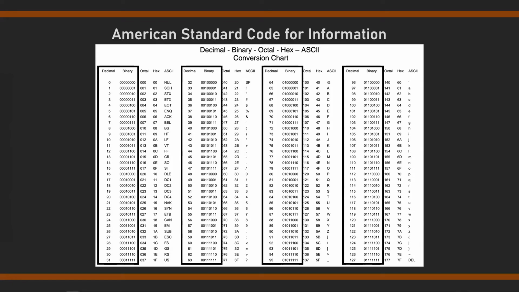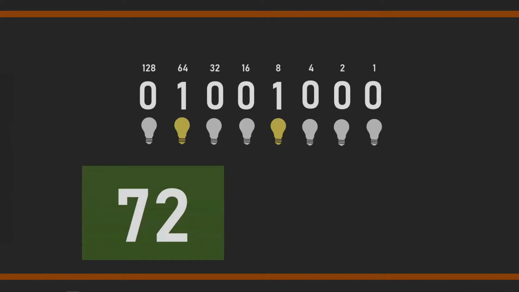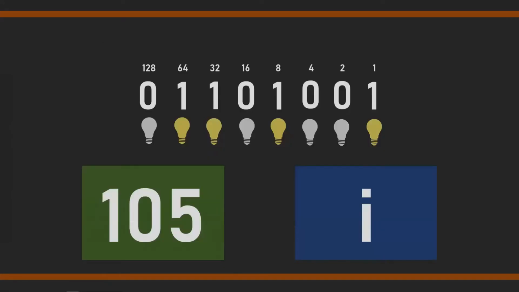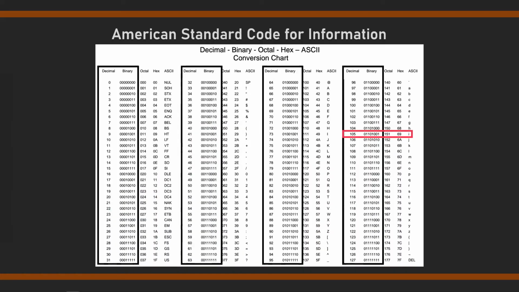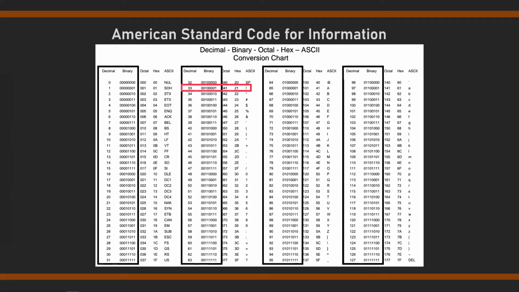We will only focus on the decimal and the binary value of each ASCII character. Here we have a byte which has a value of 72, which corresponds to the letter H. And here we can see that it does correspond to the letter H. And here we have another letter which has a value of 105 and an ASCII character of the letter I. And indeed, the decimal and binary value corresponds to the ASCII character I. And then we have a value of 33, which corresponds to an exclamation mark.